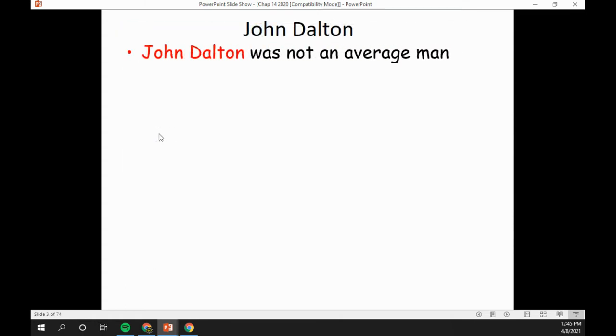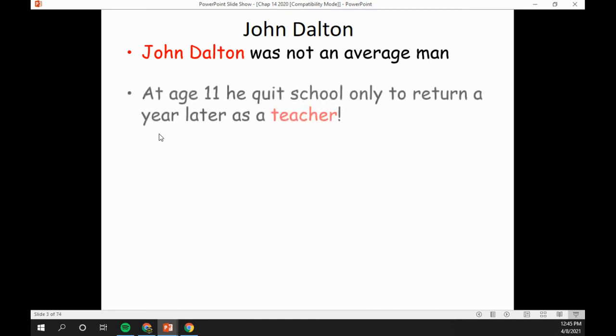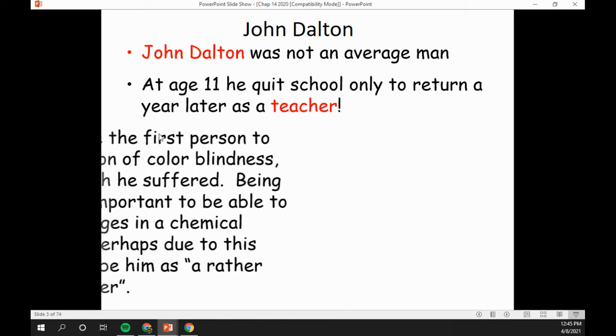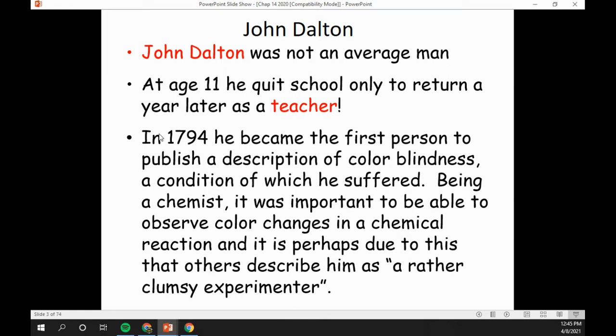John Dalton. John Dalton was not the average man. At age 11, he quit school only to return 1 year later as a teacher. In 1794, he became the first person to publish a description of color blindness, a condition of which he suffered.